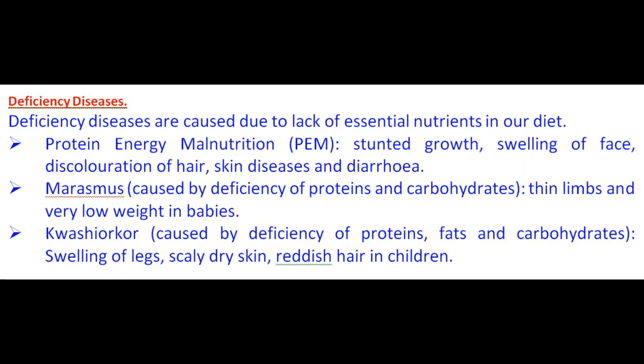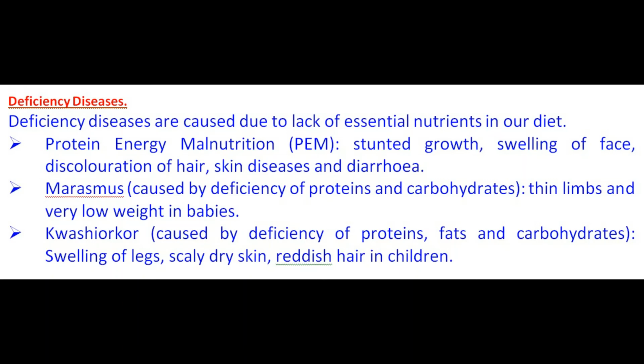It becomes like, in Hindi we call bauna. Dwarfism. Face gets swelled. Hair loses the natural color. Different types of skin diseases come. And also diarrhea, that is the loose motion. This comes if protein energy is deficient.